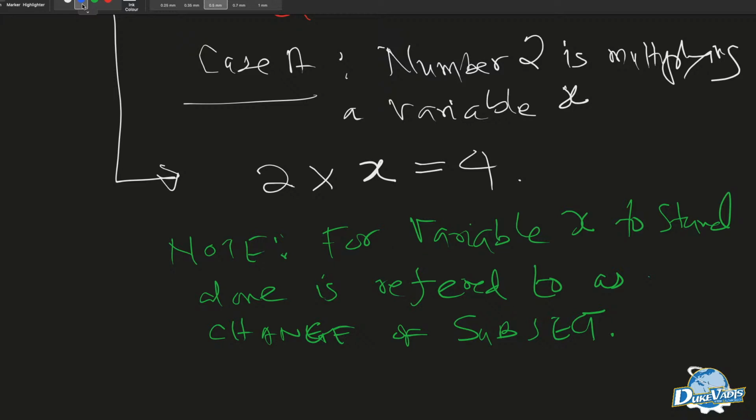So as we can see, 2 is multiplying x, and the answer is equal to 4.